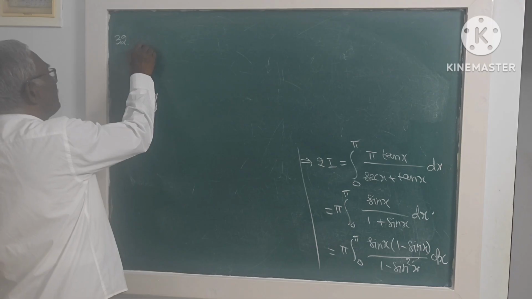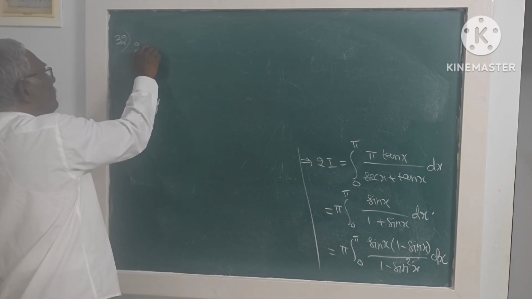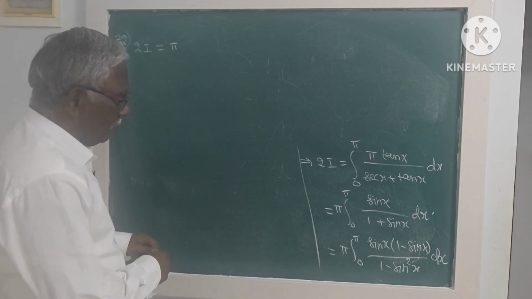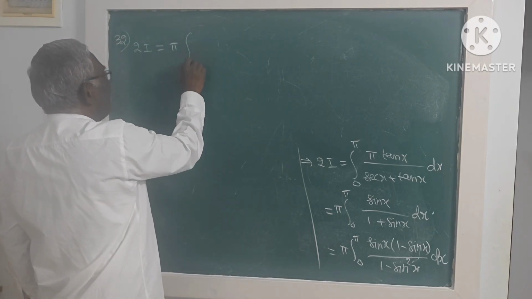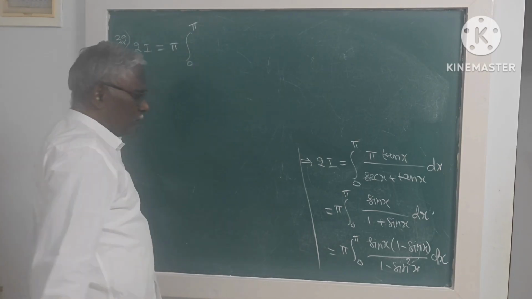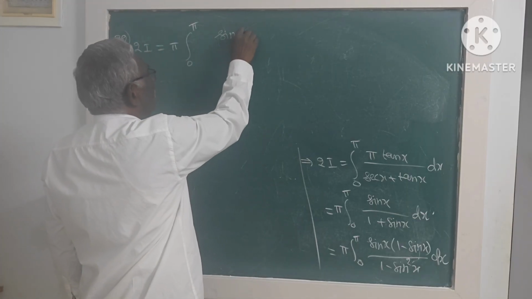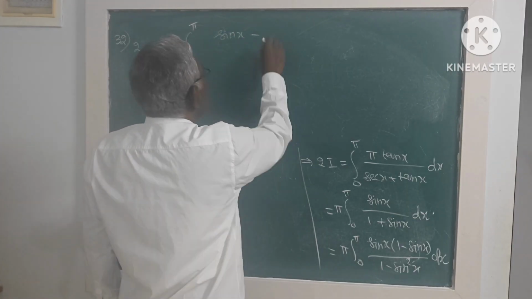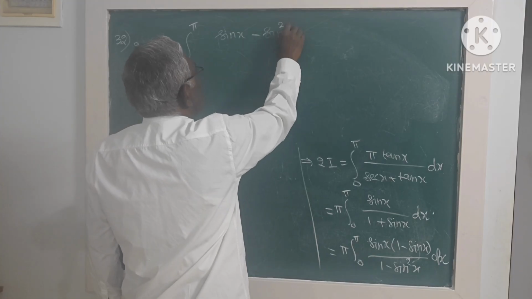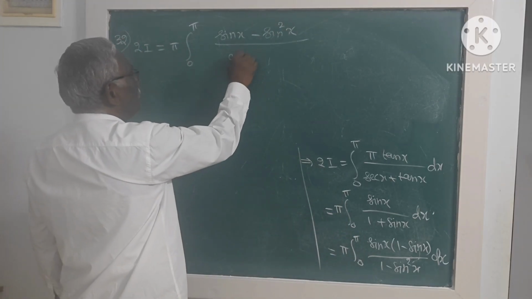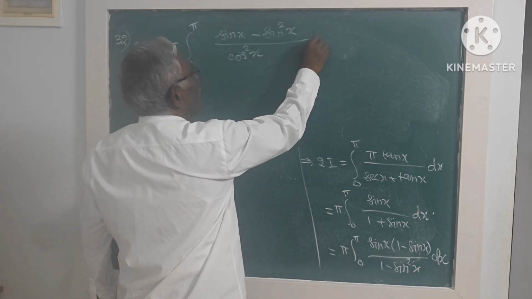So 2I is equal to pi times integral 0 to pi of sin x minus sin square x by cos square x dx.